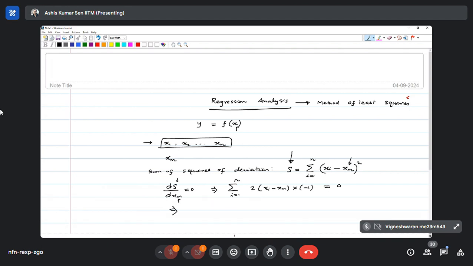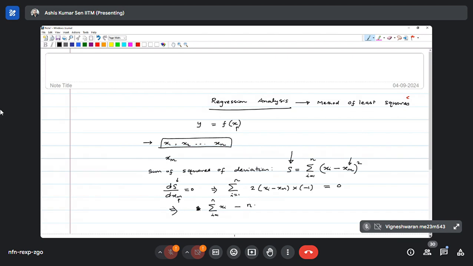So if I expand this, I have 2 into the sum of xi, i equal to 1 to n. So 2 will go to the other side and become 0. So the sum of xi, i equal to 1 to n, then minus, so xm will be written n times.